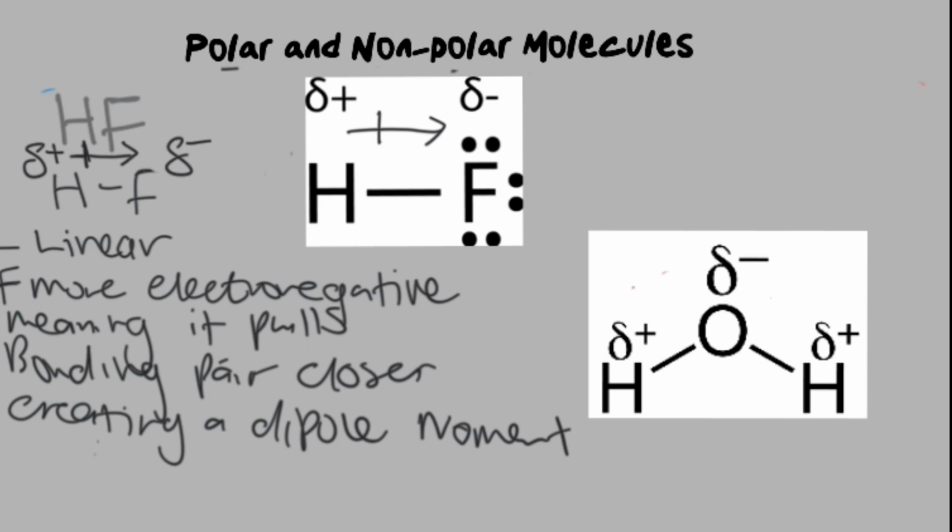So that simply means that because the fluorine has all these electrons around it, it has a high electron density, which means it'll have a stronger pull on the shared pair, and therefore it'll form a slightly negative charge, and on the side where the hydrogen is, it'll form a slightly positive charge.